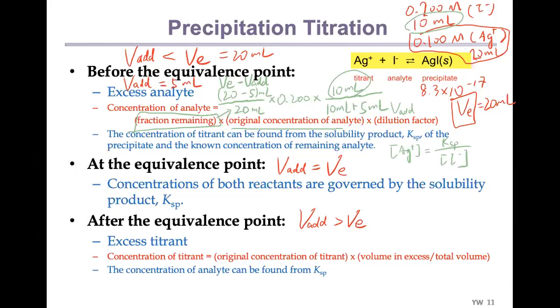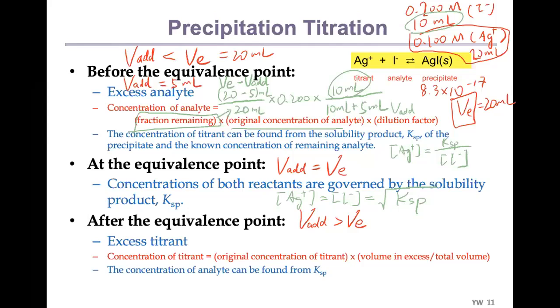Okay, any questions so far? No, okay. Well, the second case is easier because we know that they are the same at the equivalence point. So in this case, you just take the square root of KSP. Okay.